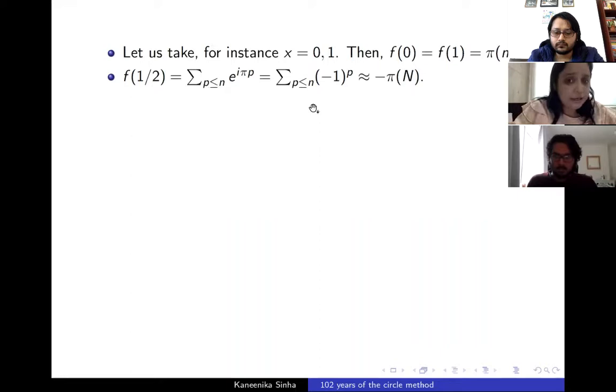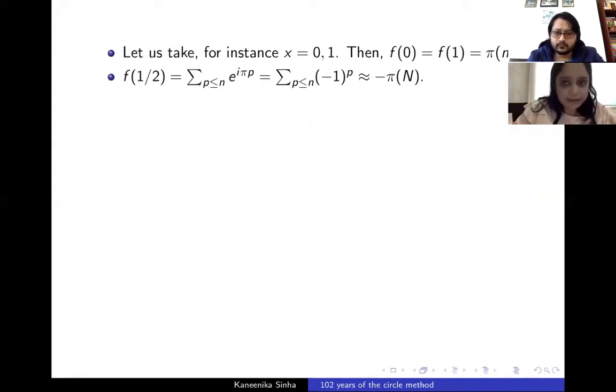Other than p equal to 2, this number will always take the value minus 1. So you have 2 minus (pi of n minus 1), which is essentially some number close enough to minus pi of n. So in absolute value, the size of f of half is close to pi of n, where n is little n.